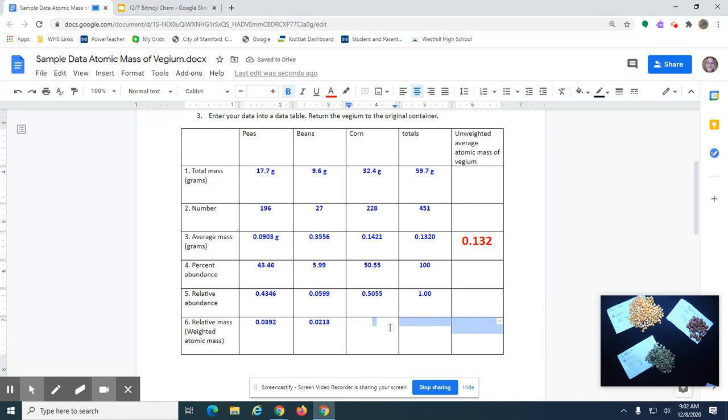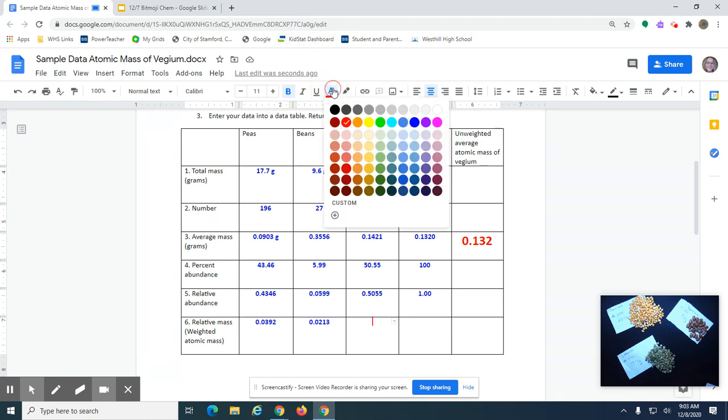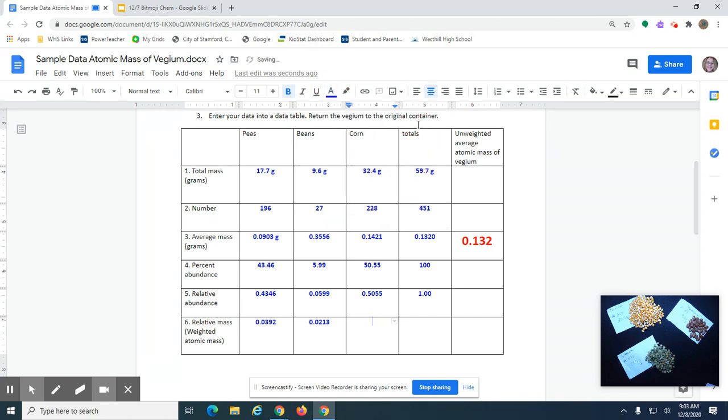So now, multiply 0.1421 times 0.5055, and we get 0.0718.